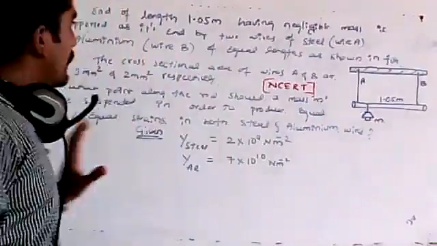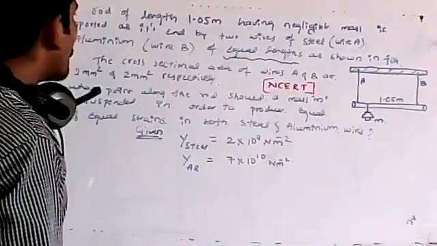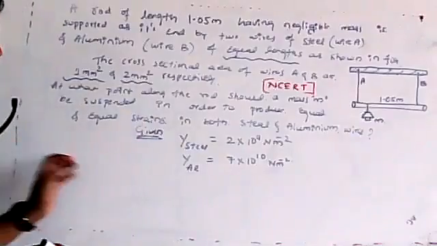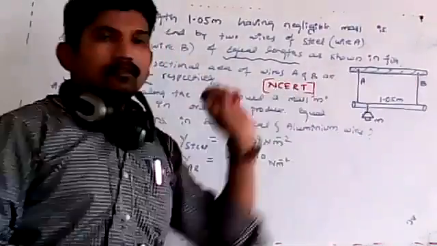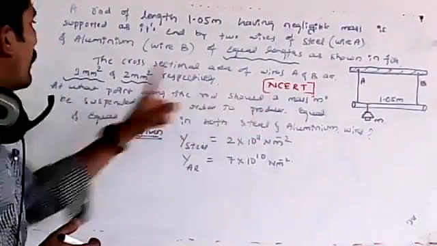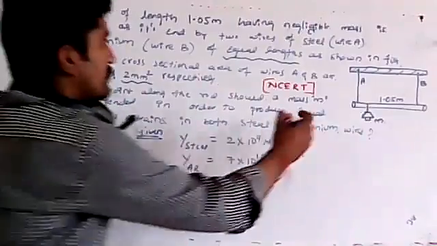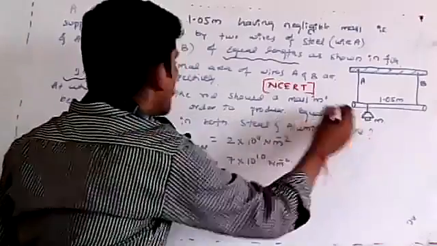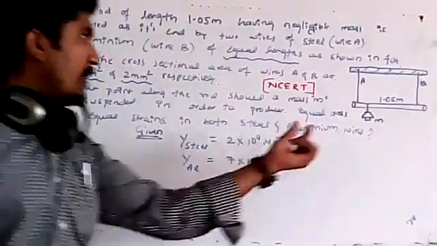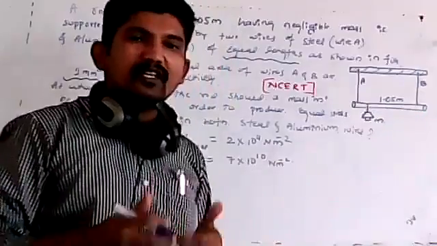The cross sectional areas for wires A and B are given. At what point along the rod should a mass be suspended in order to produce equal stress and equal strain in both steel and aluminum wires? Whether we have to put this mass here or here to get equal stress and strain, we have to check.